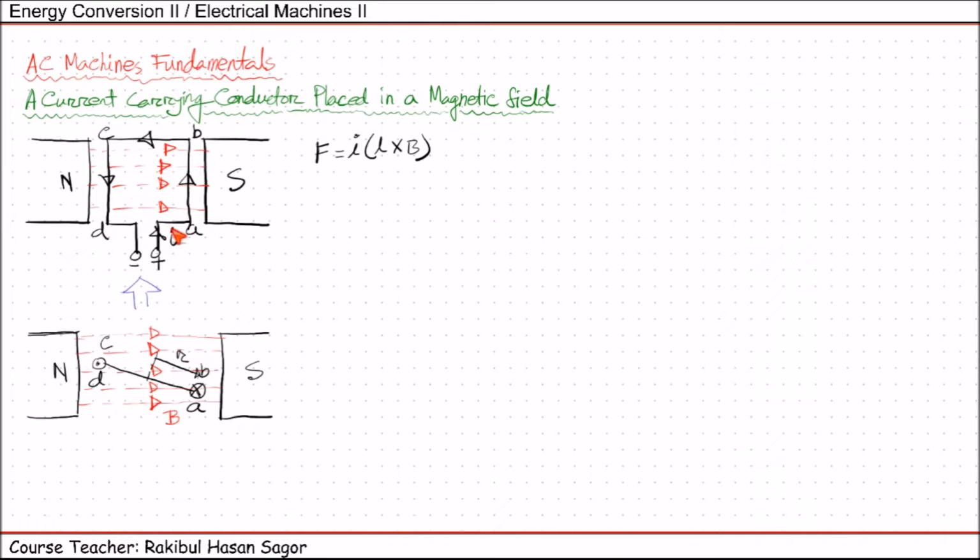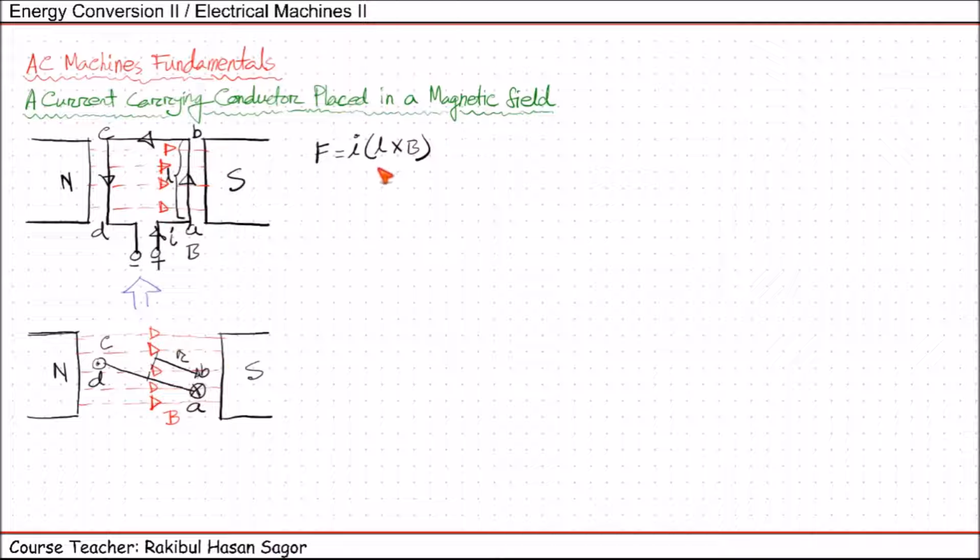You can write I here, and L is the length of this conducting wire. So we can express this length as L, and B is the magnitude of this magnetic field, which can be written here, which is also written here.